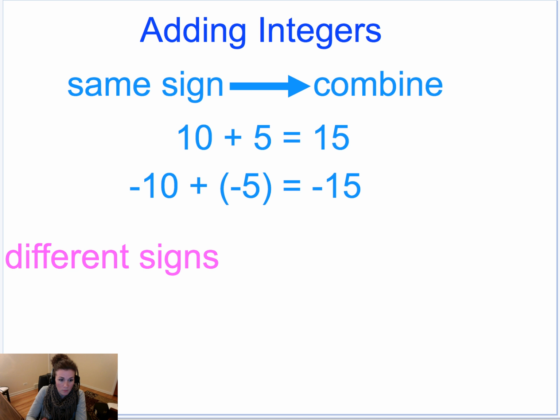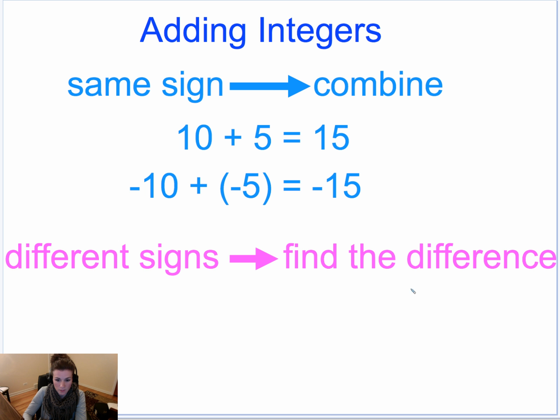Now, if you have a problem where the two numbers that you're adding have different signs, what you'll do then is find the difference. And remember, difference in math means to subtract. Here we have negative 10 plus 5. 10 is negative, 5 is positive.